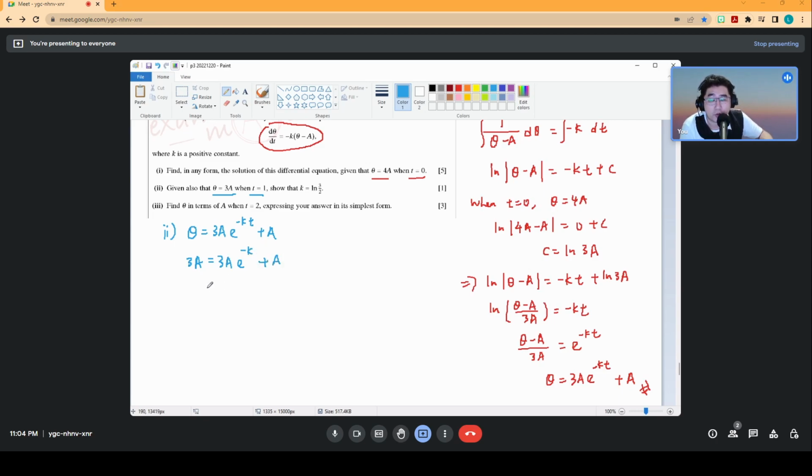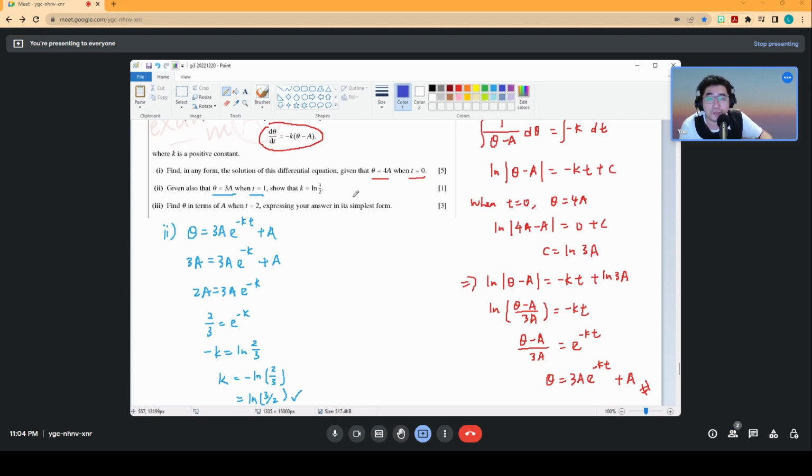Simplifying, 2a equals 3a e to the negative k. The a cancels off, 2 over 3 equals e to the negative k. So negative k equals ln of 2 over 3, and k equals negative ln of 2 over 3. From the logarithm rule, this is the same as ln of 3 over 2. Therefore this is right.